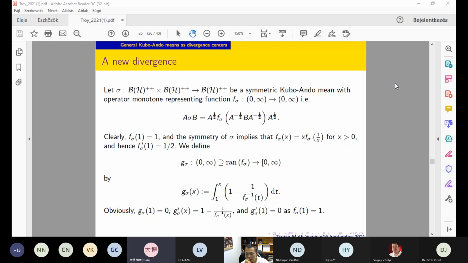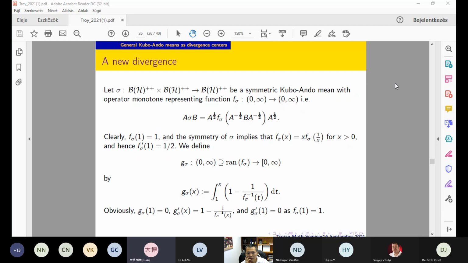Your result is very beautiful. Using this function G sigma, in some sense you characterize a symmetric mean using the very center. That is very beautiful. Once I tried to extend your result to non-symmetric means, but I couldn't.